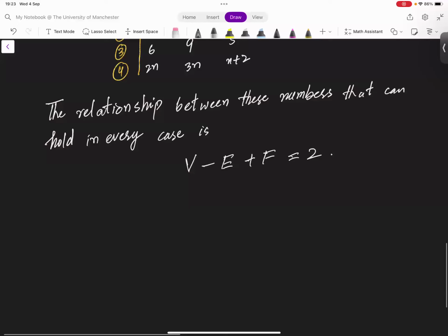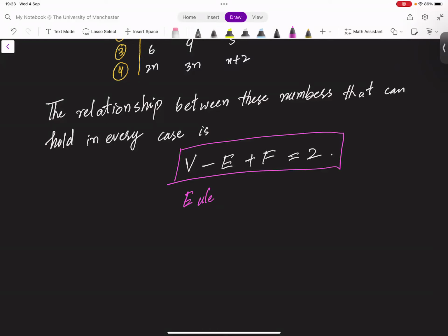This is Euler's formula. And we shall show that it holds in general for all convex polyhedra.